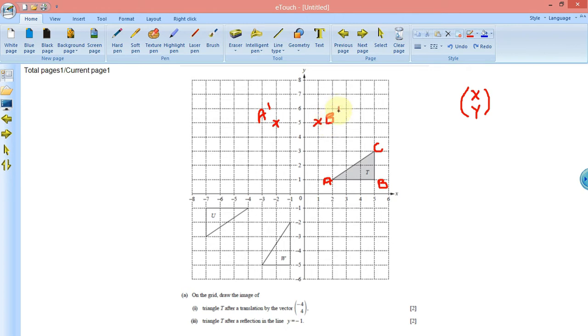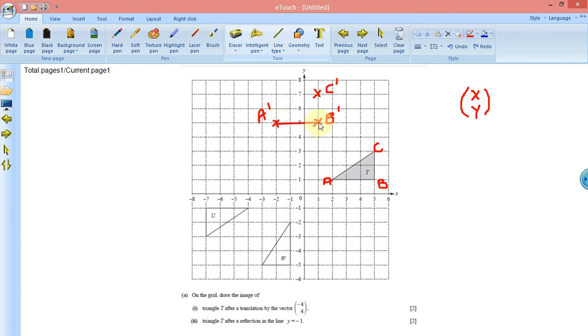Then I apply the same translation vector to point C, first step to the left, then first step up, 1 2 3 4, 1 2 3 4. So this is the result we have here. So finally just join each coordinate with a straight line.